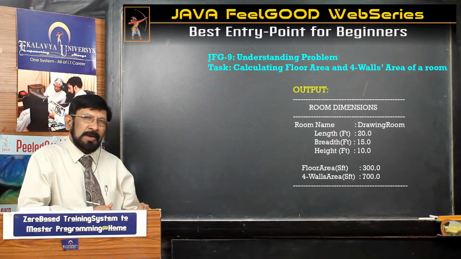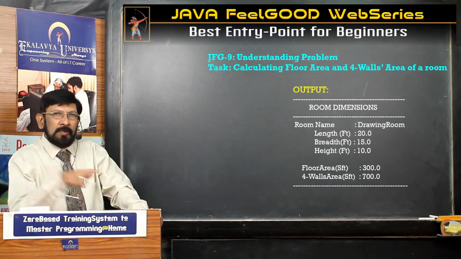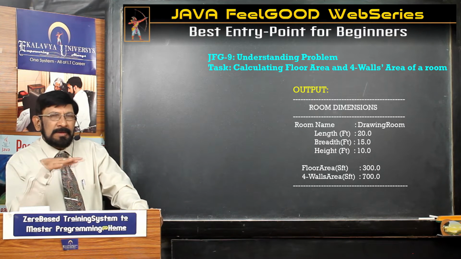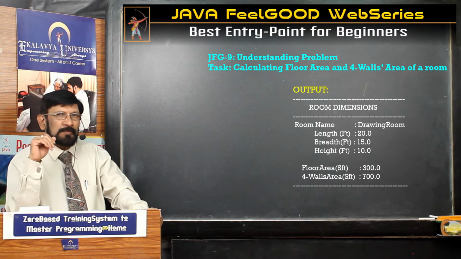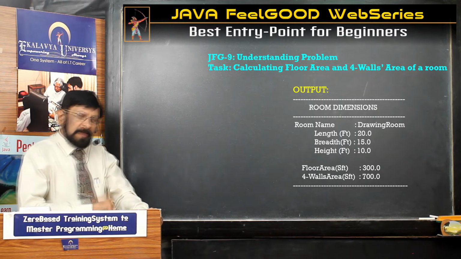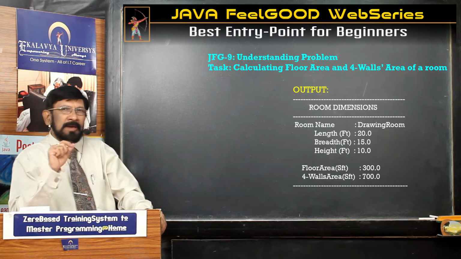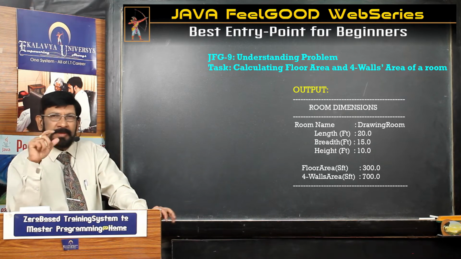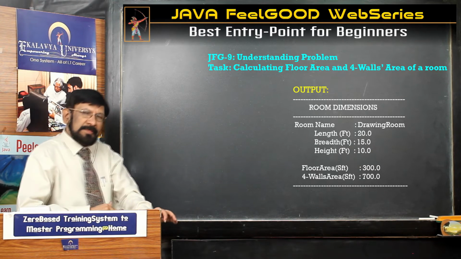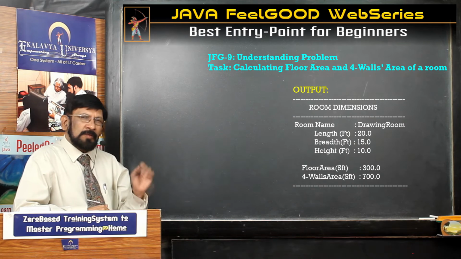Thereafter, what do you have to calculate? Floor area. Floor area is length into breadth. You must know the formula, length into breadth. That is what it returns. It returns float. Calculate floor area, that's the name of the instance method. Thereafter, calculate four walls area.